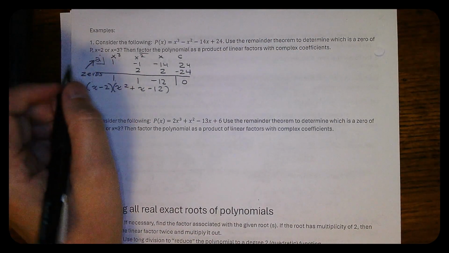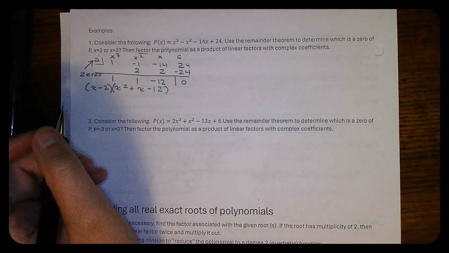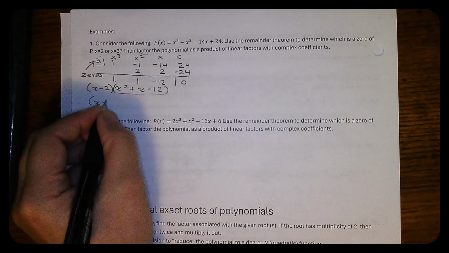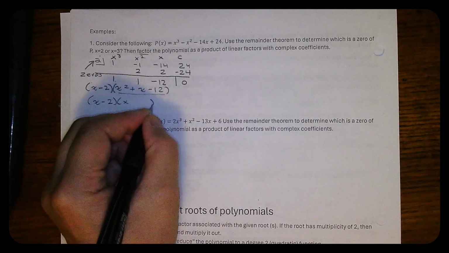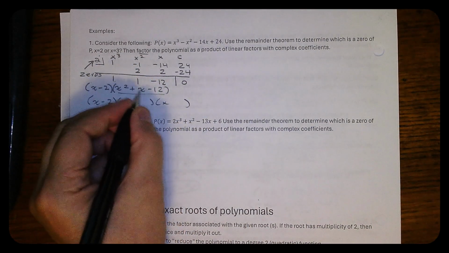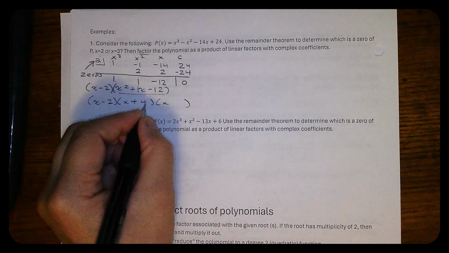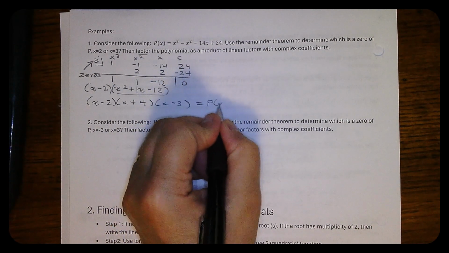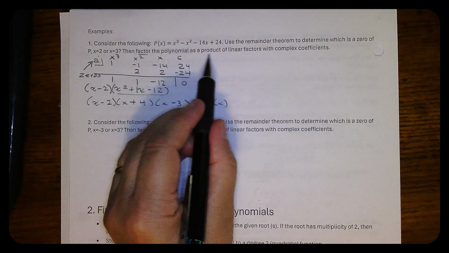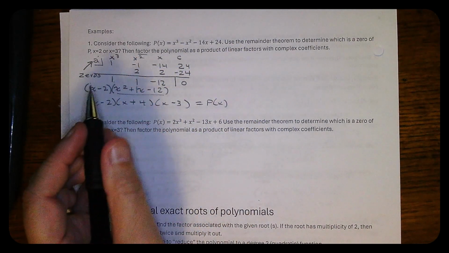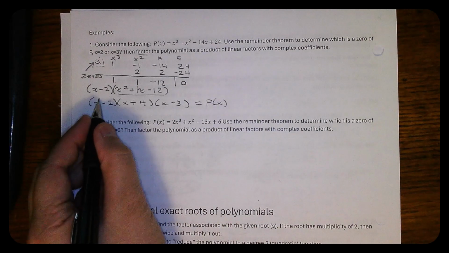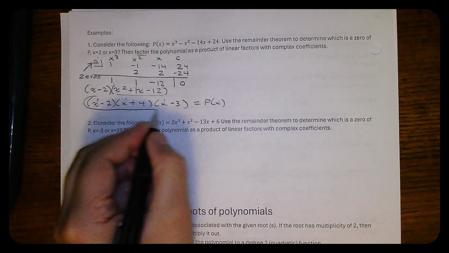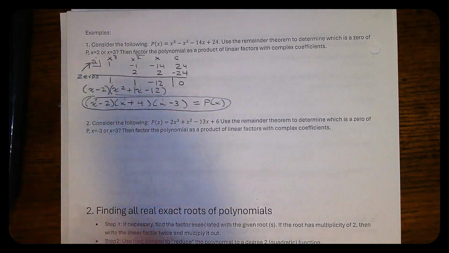So now it's factored, but it's not factored completely because this is quadratic, and we have to see if that factors. And sure enough, x and x, the factors of 12 that subtract to be 1 are plus 4 and minus 3. So that polynomial says factor the polynomial as a product of linear factors. A linear factor, again, is a degree 1 factor. So all of these are linear factors. So that's it for that problem.